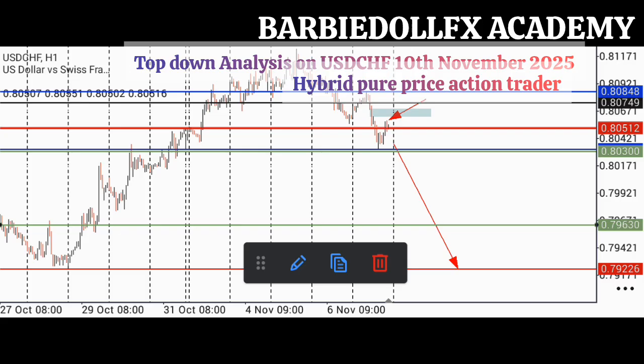I can clear off my chart and make sure I understand what's going on before taking any other trade.